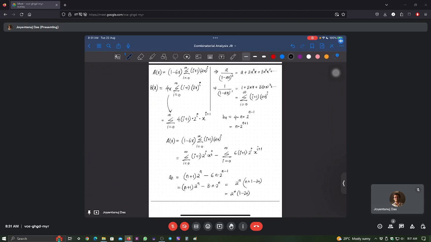So have you gone through this section 6.8, the Catalan number thing?